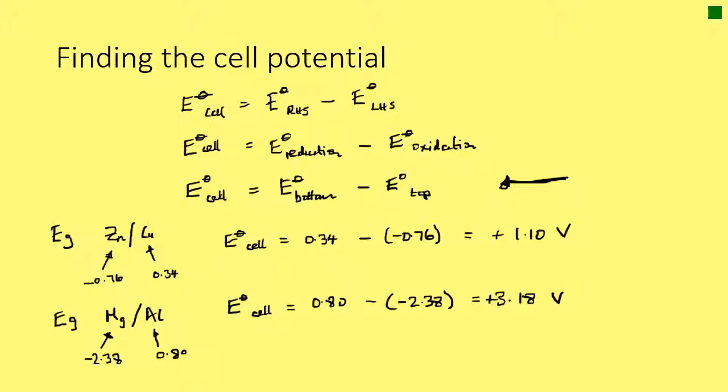So quite a nice voltage for that particular electrochemical cell. So that's another way of working out the cell potential using the anti-clockwise rule and this version of the electrode potential for the cell.